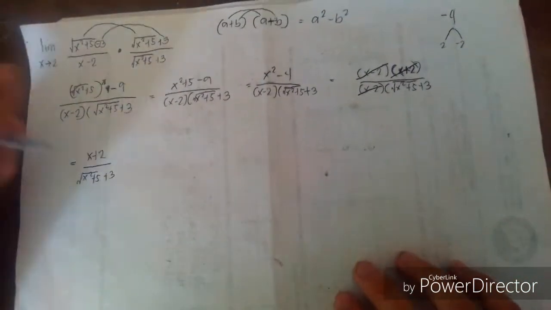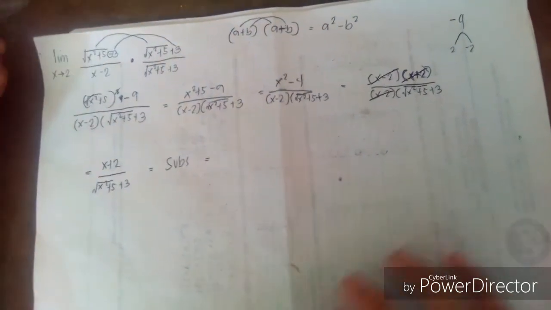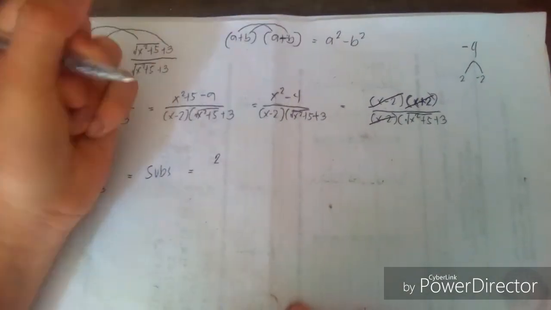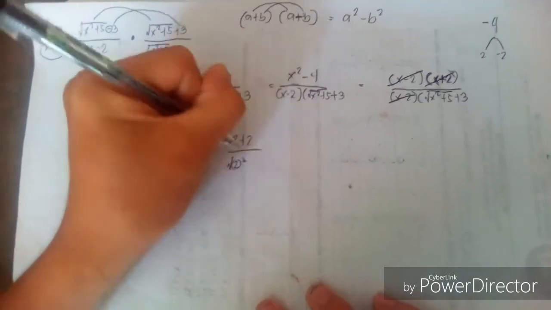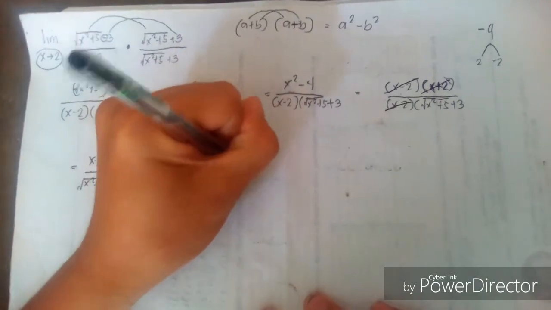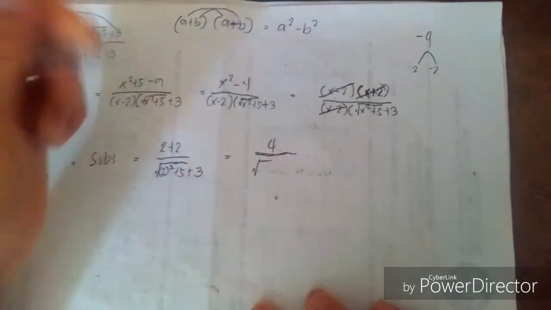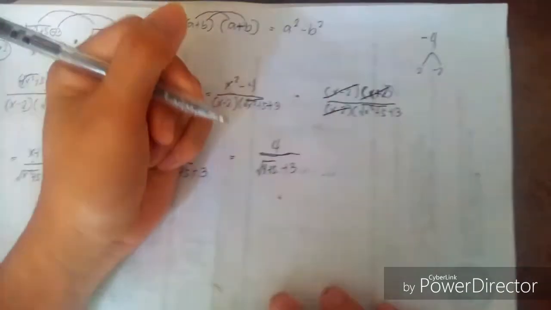And then substitution. We will substitute the value of x, which is 2. So replace all the variable x with 2. 2 plus 2 over the square root of 2 squared plus 5 plus 3. We have 4 over the square root of 2 times 2, which is 4, plus 5, and then plus 3.